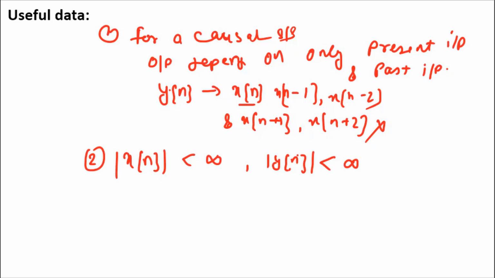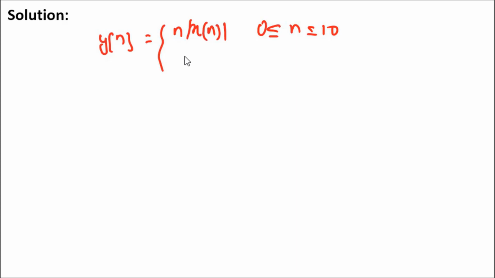Now coming to the solution, you are given y of n as n times mod of x of n, where n is between 0 to 10, and x of n minus x of n minus 1 otherwise.